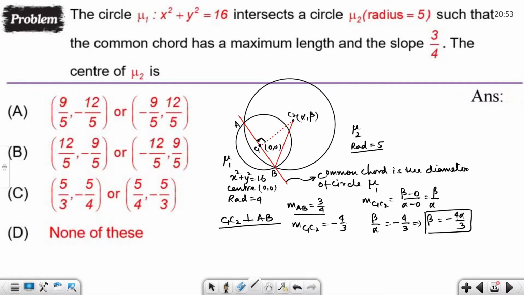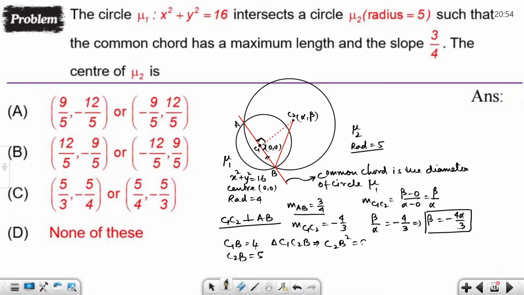Now let me join C2 with B. Please observe carefully. Your C1B is basically the radius for mu1, which is nothing but 4. C2B is the radius for the circle mu2, whose radius they have given as 5. So, as this is 90 degrees, if we take the right angle triangle C1C2B, what can we write?